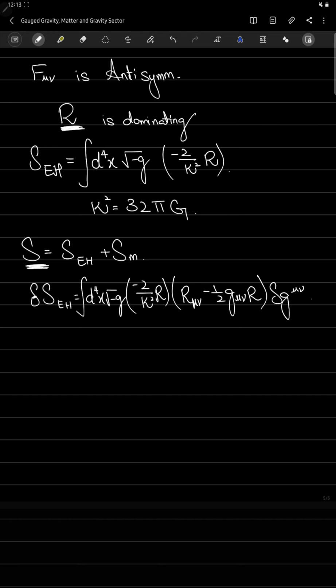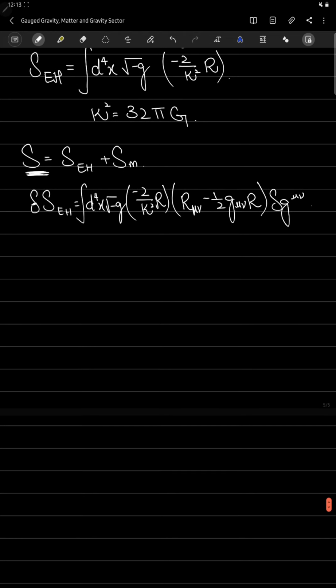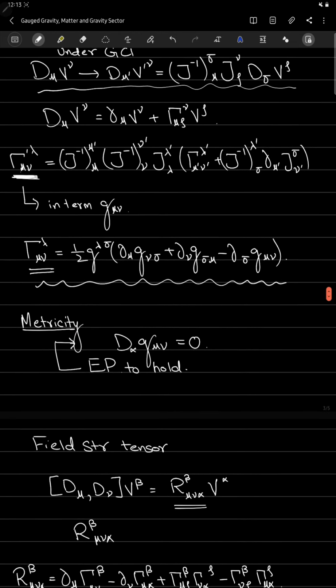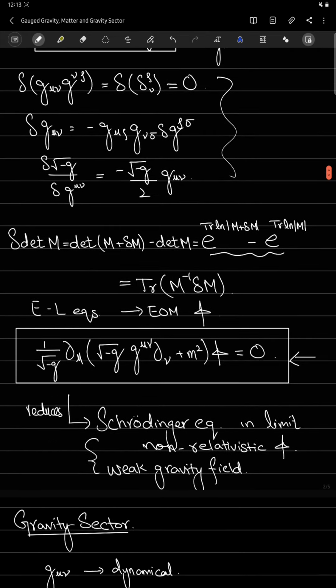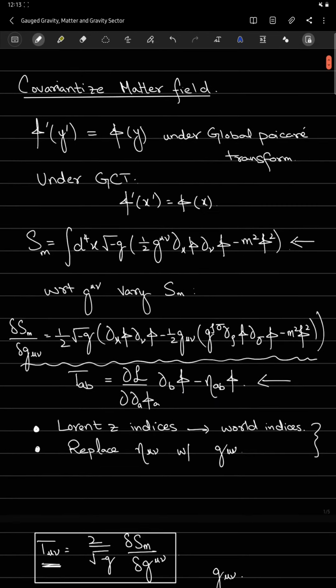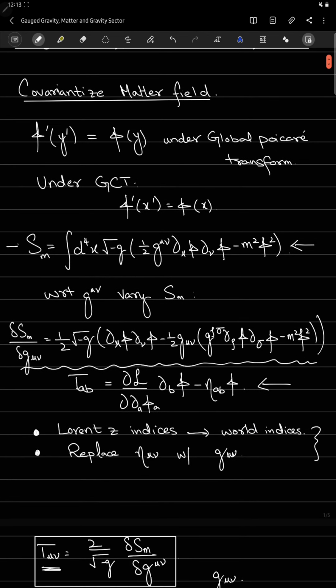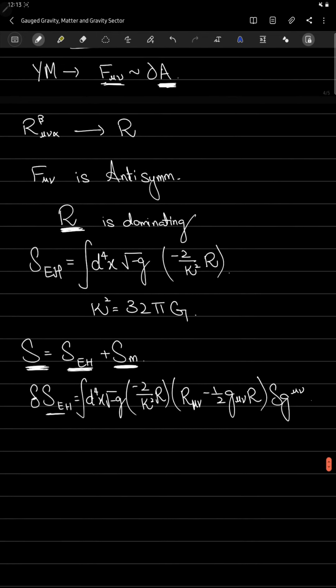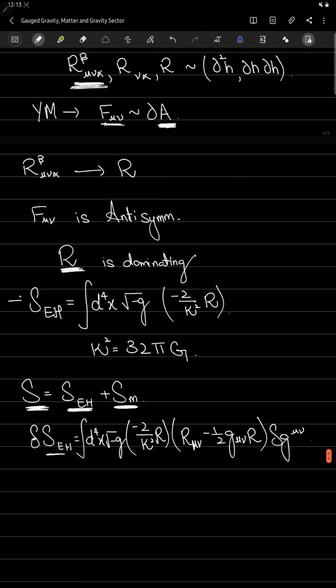And now this is just if you vary this part of your action with g mu nu. Now I vary this other part of it; we have written an expression for these somewhere over here. This is the matter action, and we know this is the Einstein-Hilbert action.